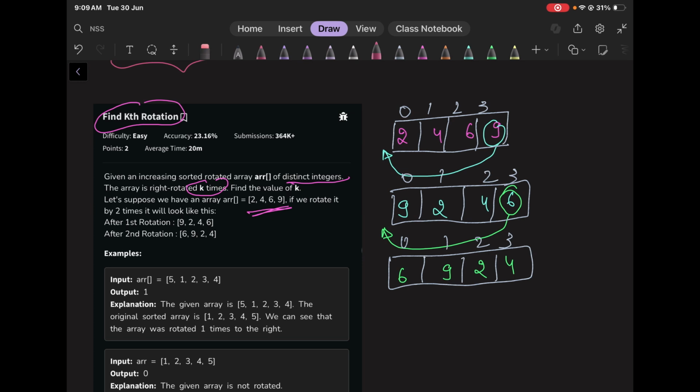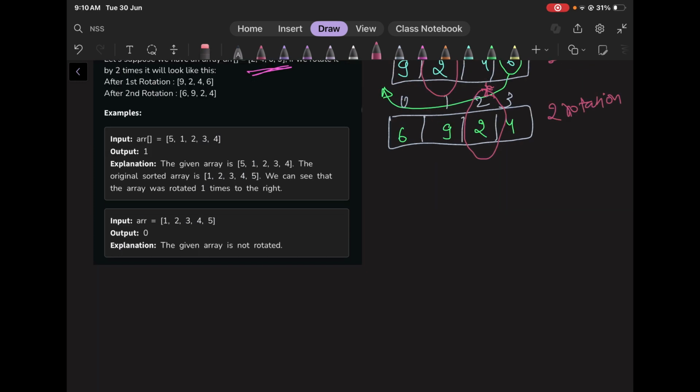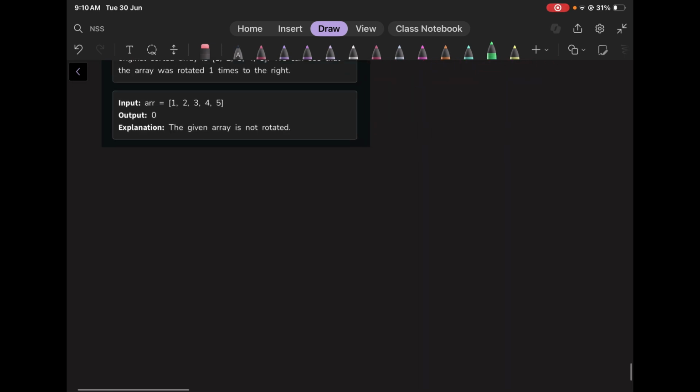One thing to observe over here is, since this is zero rotation, my smallest element occurs at index number 0, and this is one rotation. My smallest element occurs at index number 1. Since this is two rotations, my smallest element occurs at index number 2. So I need to simply find the index of the smallest element.